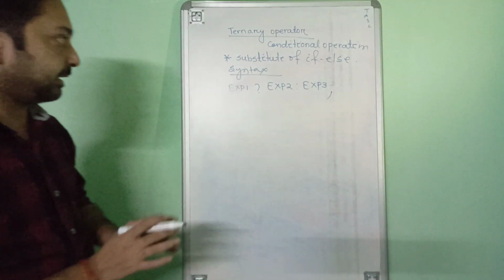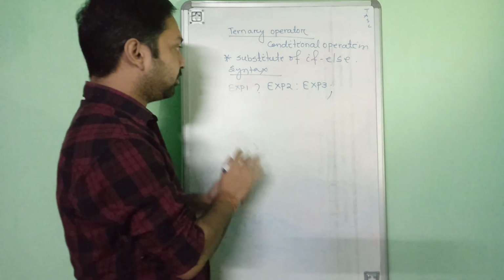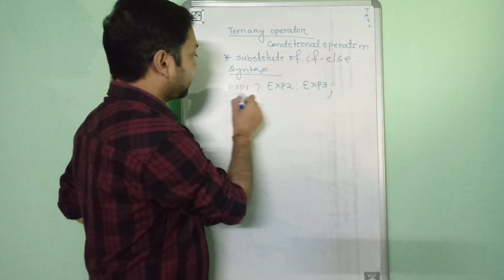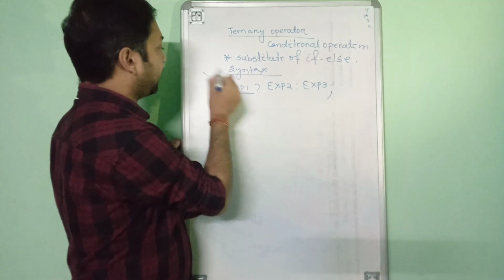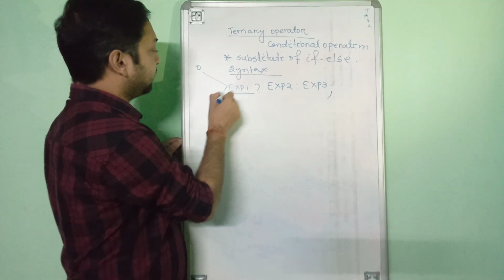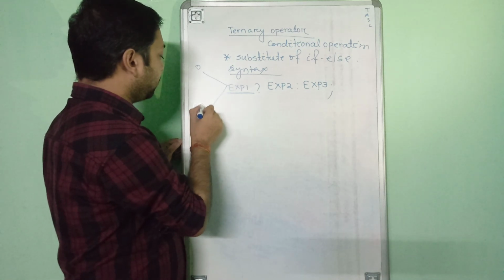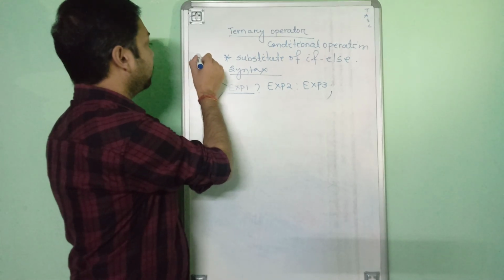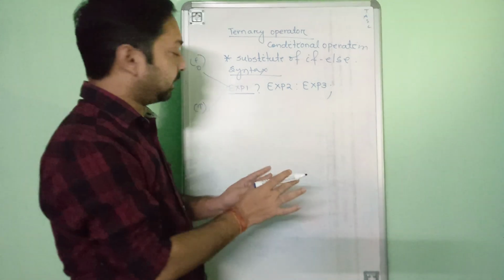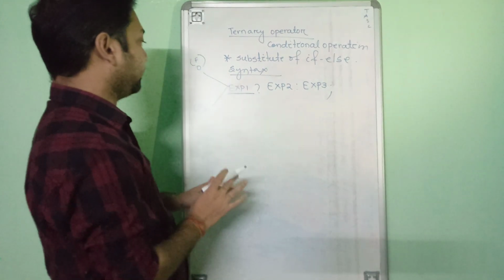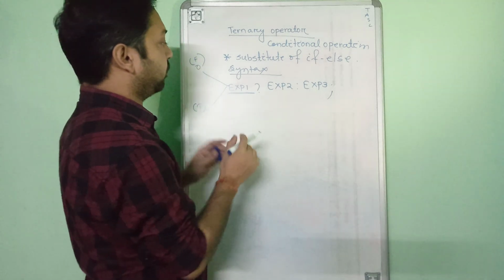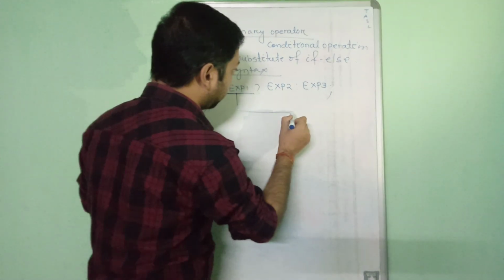So how does it actually execute? Just see, out of the three expressions, first the expression 1 needs to be evaluated. Then after evaluation, either the output is 0 or 1. That means either it is true or false. So let us consider, let expression 1 is true.